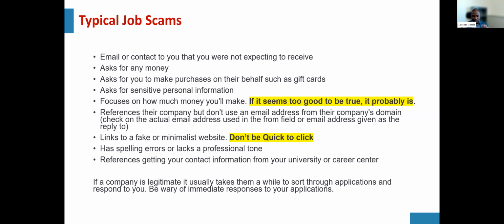Once you go there and input your Bank of America credentials, it will take you nowhere. But your credentials will go to the scammer, and they will go to the actual Bank of America website, access your account, and withdraw money from your account. That's why it's very important to always use two-factor authentication. You will also notice that they might have some spelling errors and a lack of professional tone.